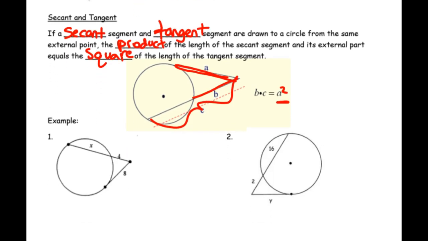Let me show you what I mean by that. All right, on number 1. Look at the secant. What's outside here? 4. What's the whole thing? X plus 4. And then the tangent times itself is going to be 8 squared, right? So let's write that equation.